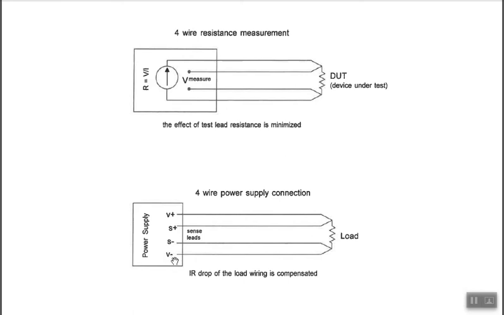So these types of power supplies, you'll see that they'll be marked just like in the drawing here with S plus and S minus. If you're not going to run sense wires out to your load, you do need to jumper this sense lead over to here. So you'll see them jumpered maybe right out of the box. You can't leave these open. If you leave S plus and S minus not connected to anything, that power supply is not going to see any voltage being reported back.